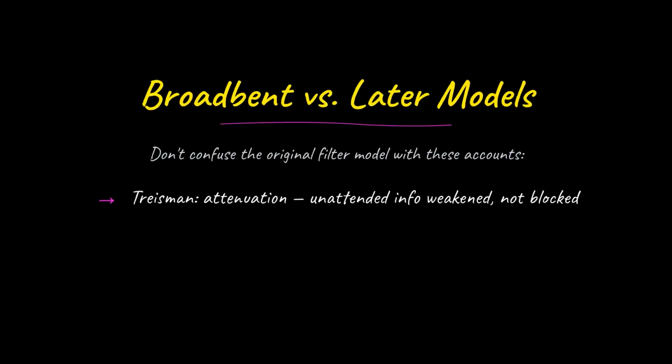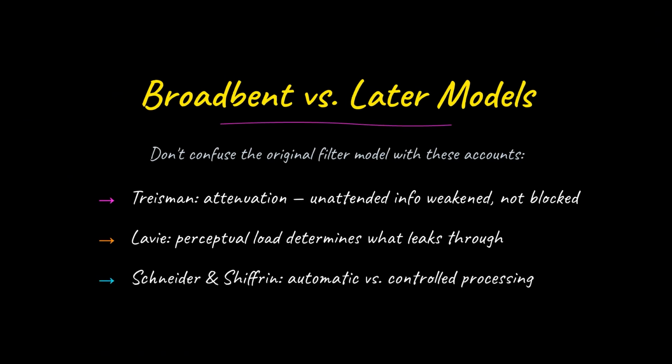Broadbent's model deliberately treats the listener as an information channel with limited capacity at a specific structural point. Treisman's attenuation model softened Broadbent's hard filter after evidence showed some unattended content, like hearing your own name, breaks through. Levy and Schneider and Schiffrin address different questions entirely.